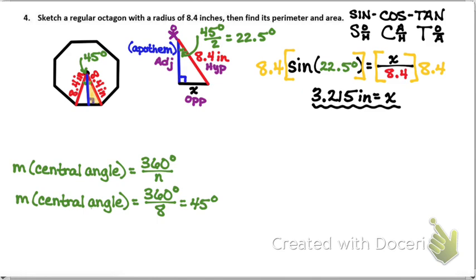When I put that into my calculator, I got 3.215. Since the radius is being measured in inches, this would also be in inches. So I'm going to go ahead and label my opposite side here, 3.215. And that means that each one of these little segments over here on my original figure are 3.215.